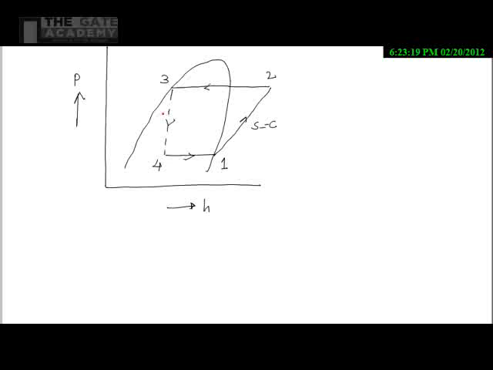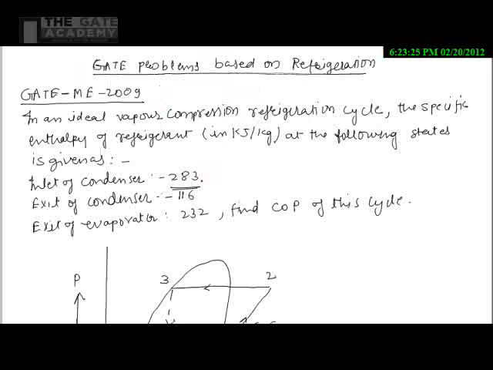So this one is the typical process here. And now according to the problem, inlet of the condenser is given 283. So which one will be the inlet of condenser? 2. So here I will write H2 is 283 kilojoule per kg.